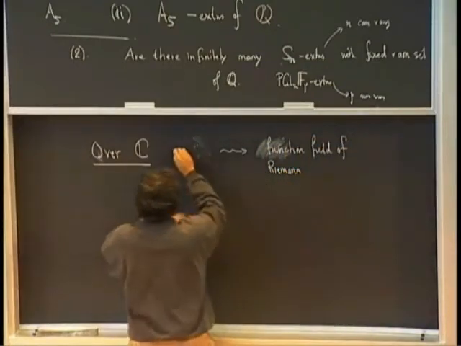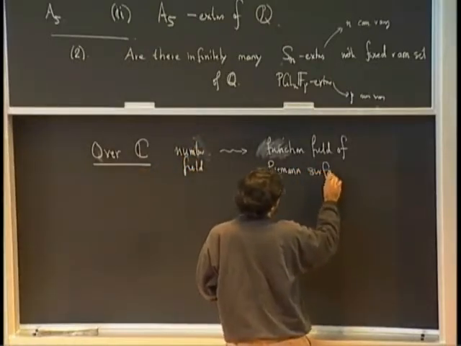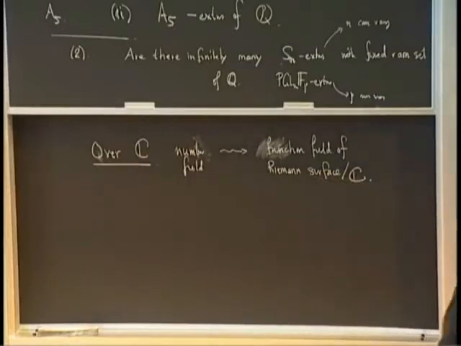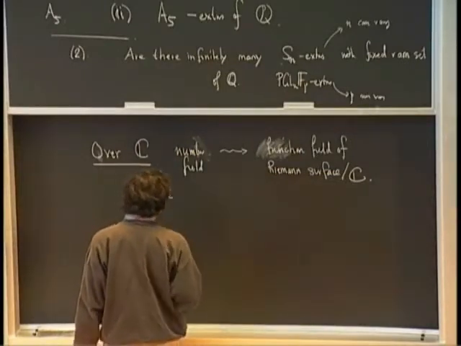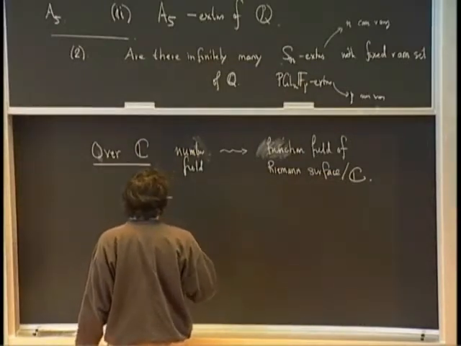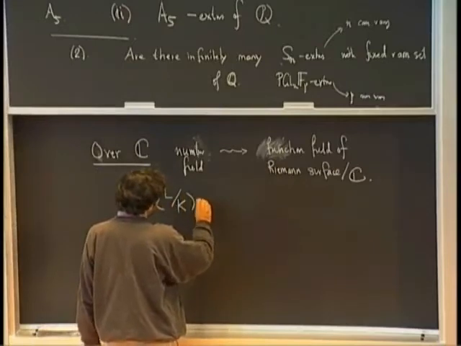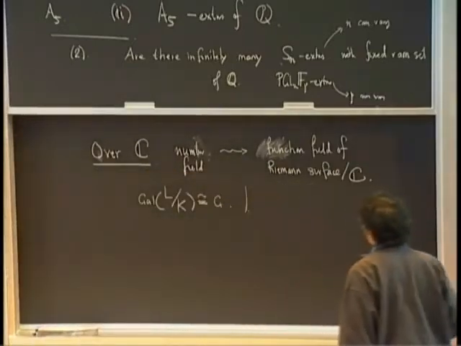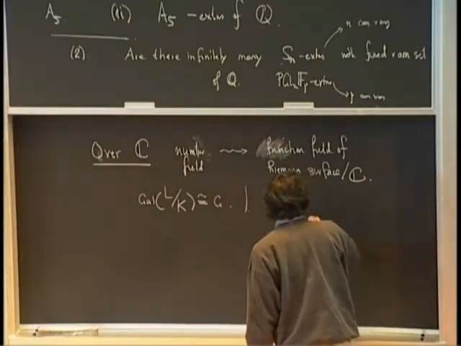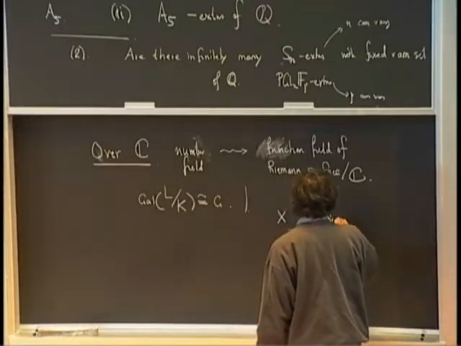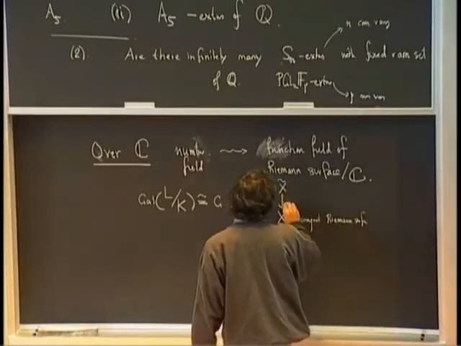Now, over here we were considering extensions of number fields, so L over K with Galois group G. Here the corresponding thing is we have some X, which is a compact Riemann surface, and we have a covering, another Riemann surface covering it with Galois group G.